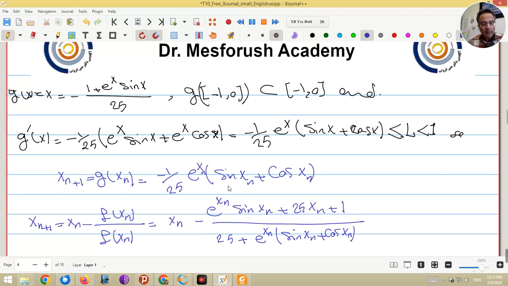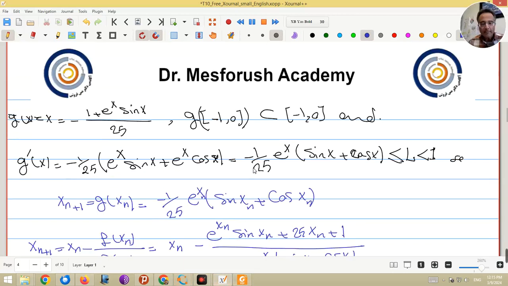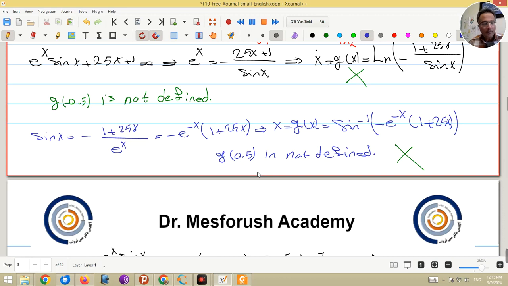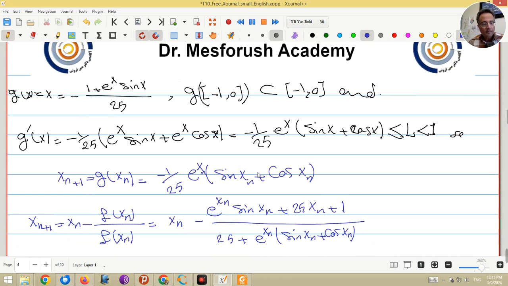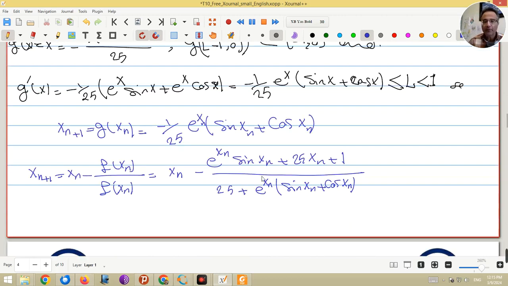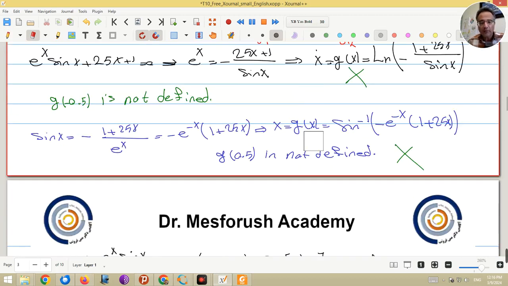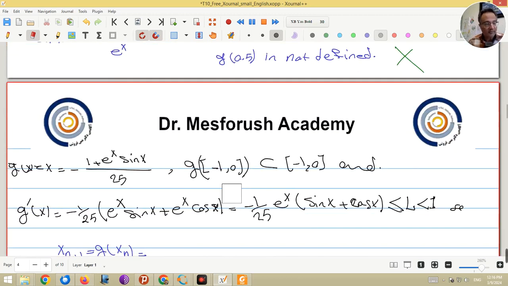Exactly something like this. No, let me see, something wrong. Sorry, my table is very small and I have lots of problems here. This is not true. I have to clean this part and define g of x like this one.